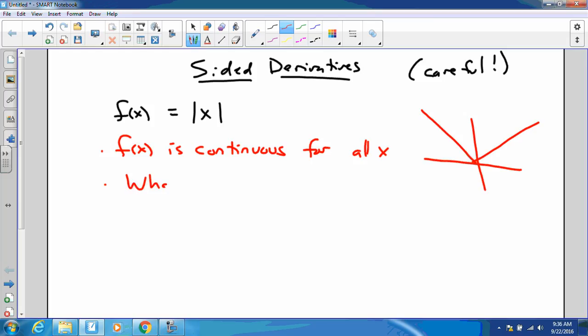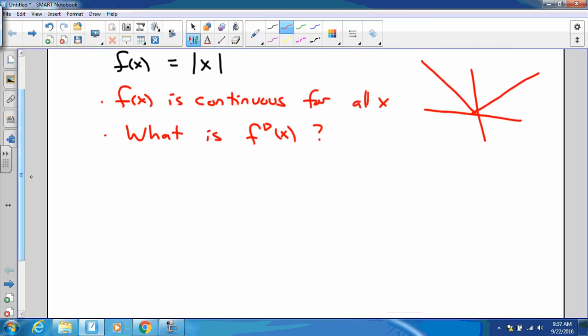If I ask what is f prime of x, then I find something very interesting.